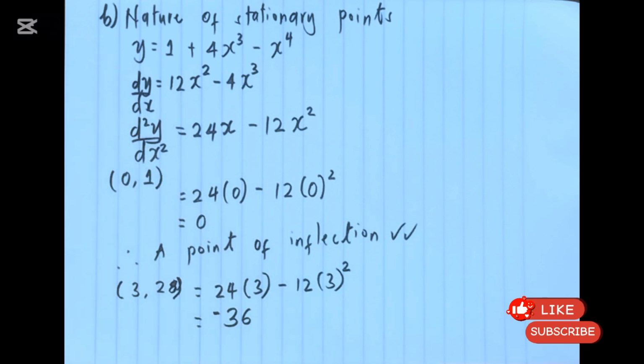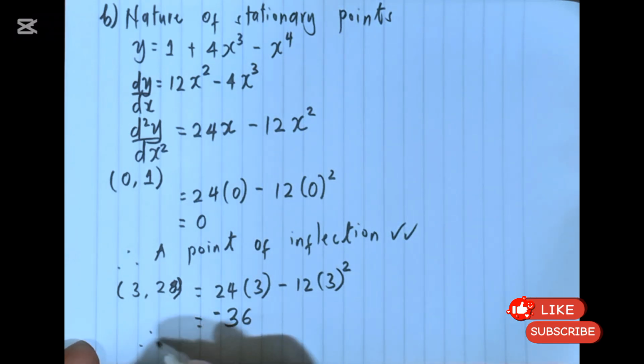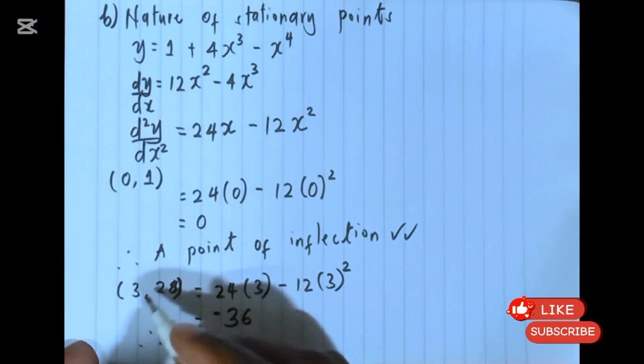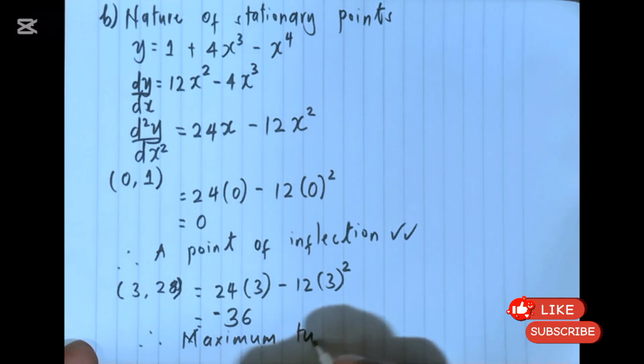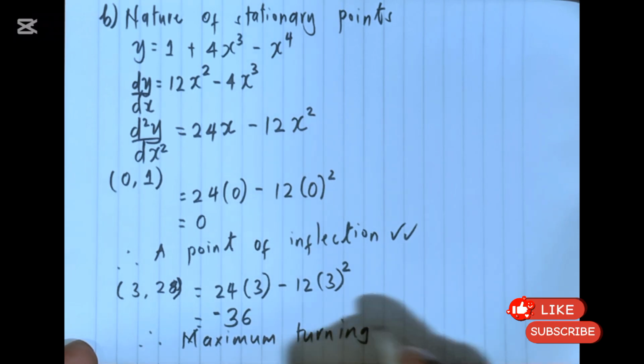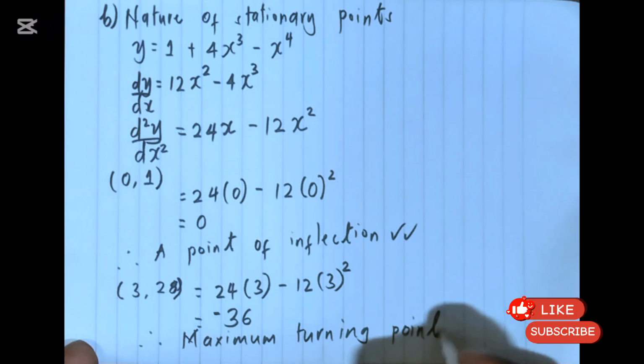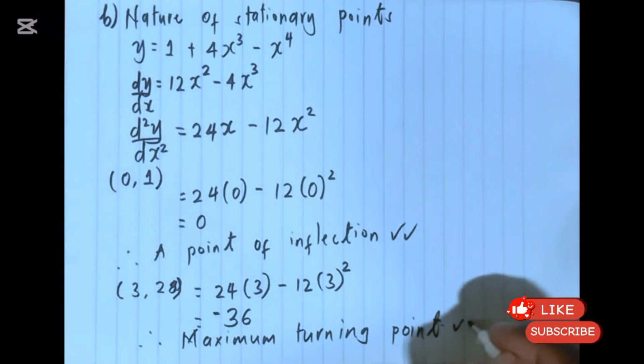And we said that when the second derivative gives us a negative number, then it is a maximum point. So at this particular point, we say that the coordinate (3, 28) is a maximum turning point.